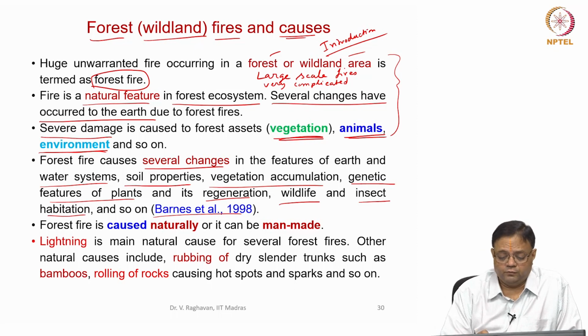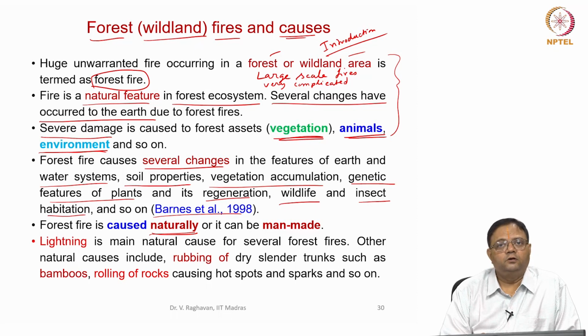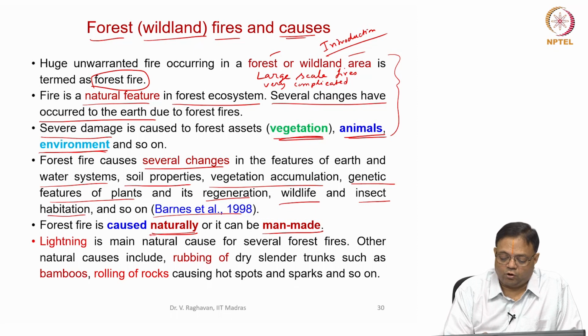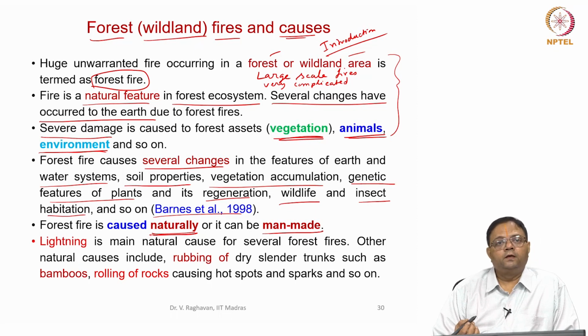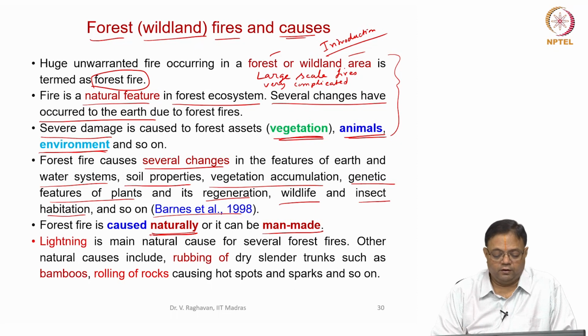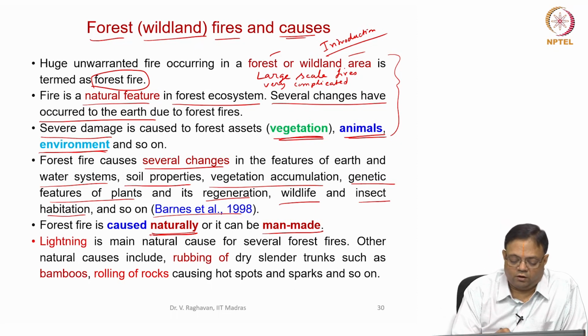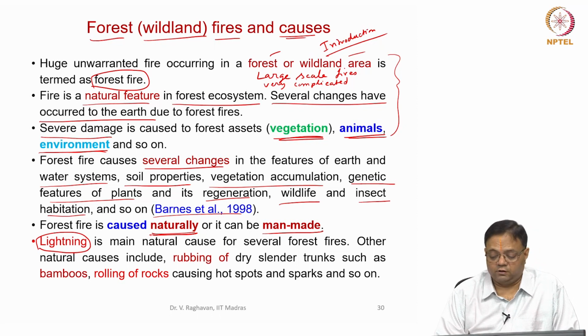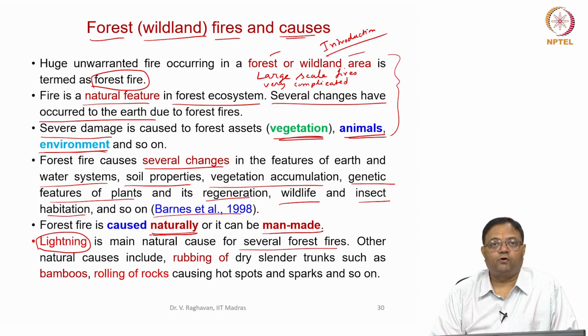The forest fire is caused naturally, or in some cases they are man-made. But natural causes are the major causes. So, out of the natural causes, lightning is one of the important causes for the onset of several forest fires.